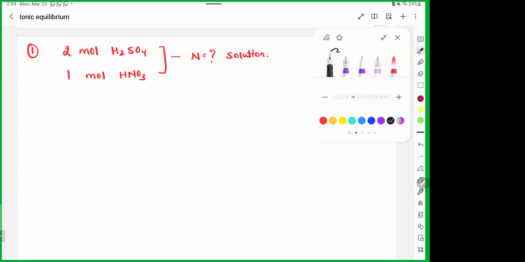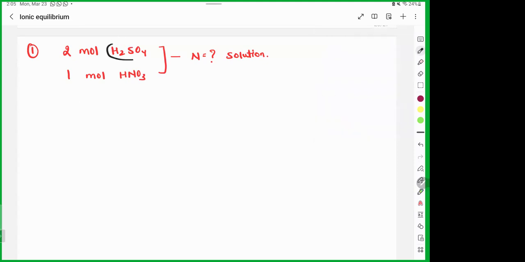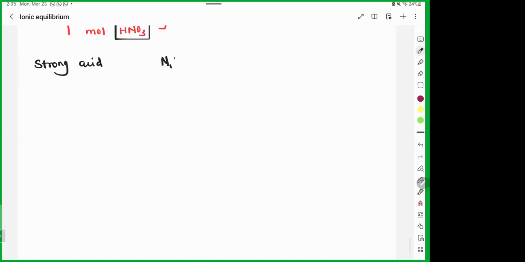How to solve? First rule is both are acid, strong acid. H2SO4 is acid, HNO3 is acid. For strong acid, and if both the molecules are acid, formula is N1V1 plus N2V2 will be equal to NV final.